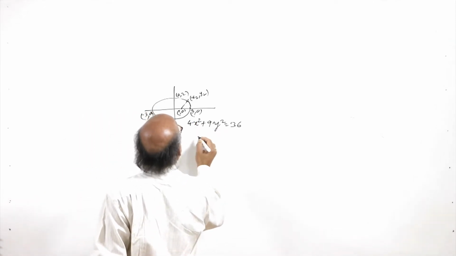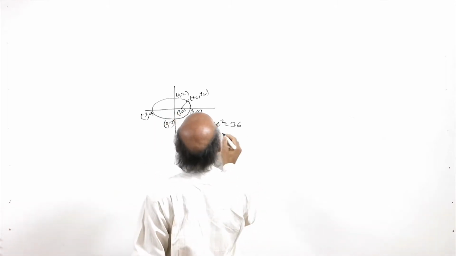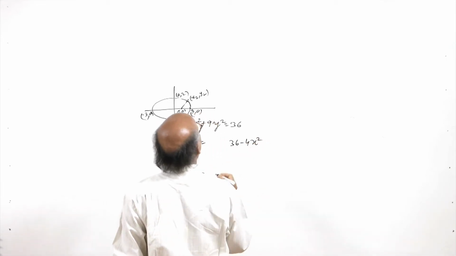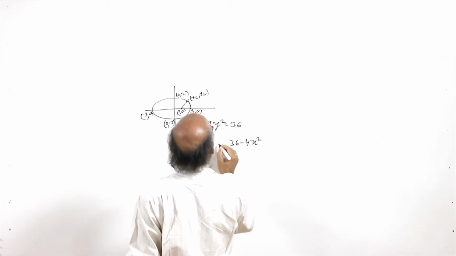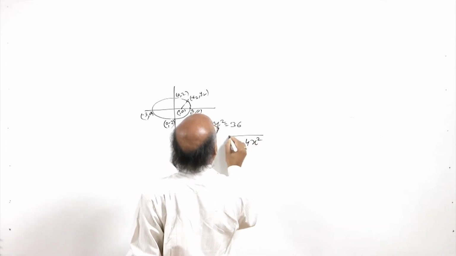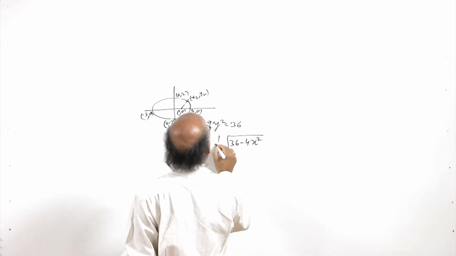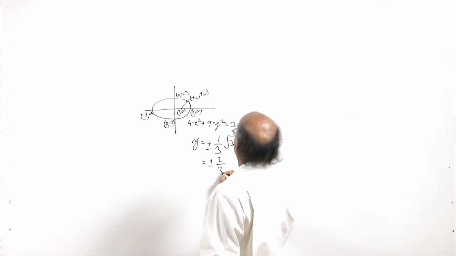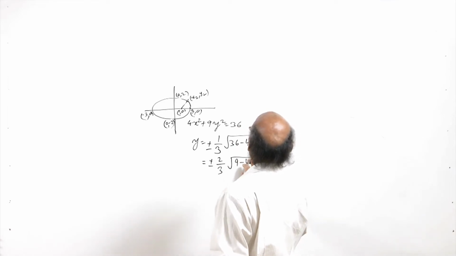From 4x² + 9y² = 36, we write y = plus or minus under root of (36 minus 4x²) divided by 9, and this I can write as plus or minus 2/3 under root 9 minus x².